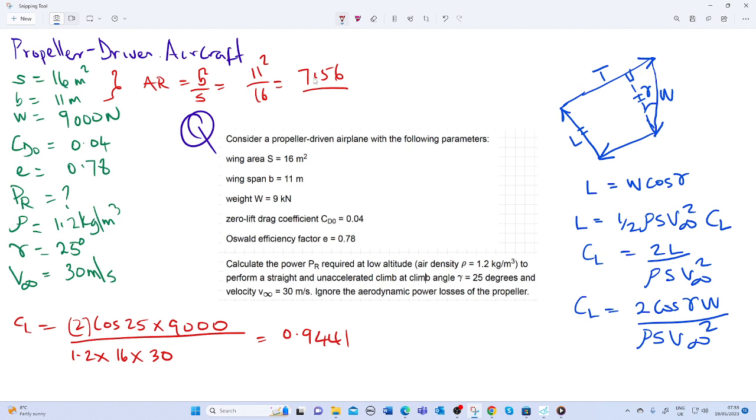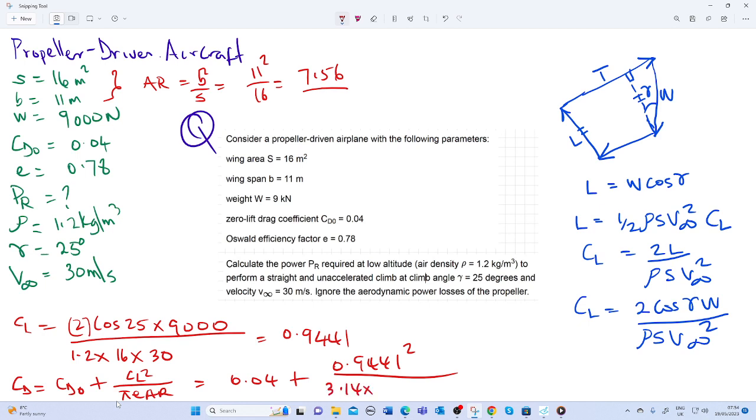Now we can also deduce that our CD equals, using the drag coefficient equation, CD0 plus CL squared over pi E AR. That gives us our CD0, which is 0.04, plus our CL, 0.9441 squared, over 3.14 times our E, 0.78, times our aspect ratio 7.56.